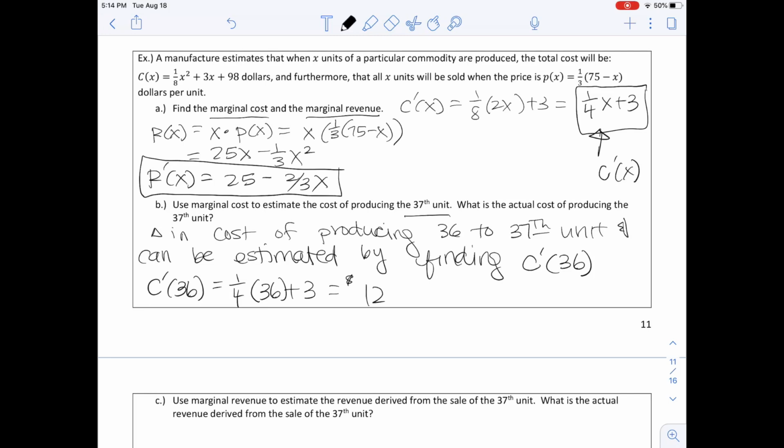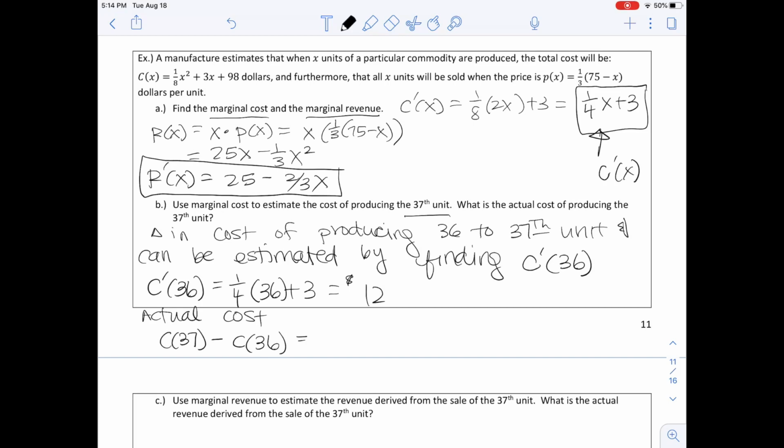The actual cost, in order to find our actual cost, we are going to have to do C of 37 minus C of 36.